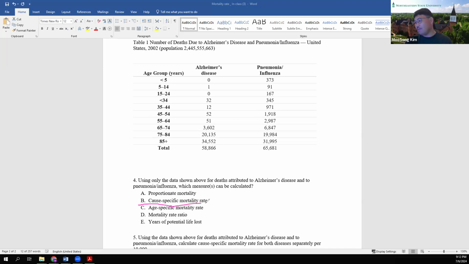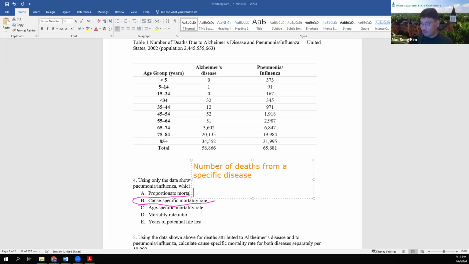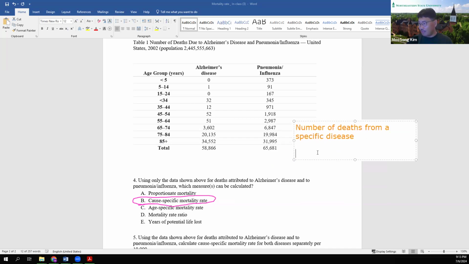But look at the cause-specific mortality rate. For cause-specific mortality rate, we need the number of deaths from a specific disease over what is in the denominator?